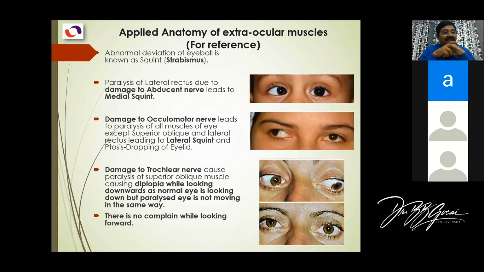He will say, I am worried to go down, and whenever I'm looking down, moving downstairs, I have a problem. Otherwise, looking down on the floor will not create much problem, except he misses here and there some structures coming in his way. So when he's above the horizontal plane, everything is fine. And looking below, diplopia. Diplopia looking down is the characteristic of trochlear nerve palsy, paralysis of the superior oblique muscle.